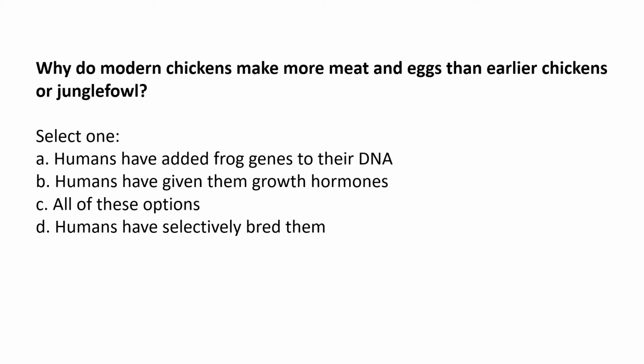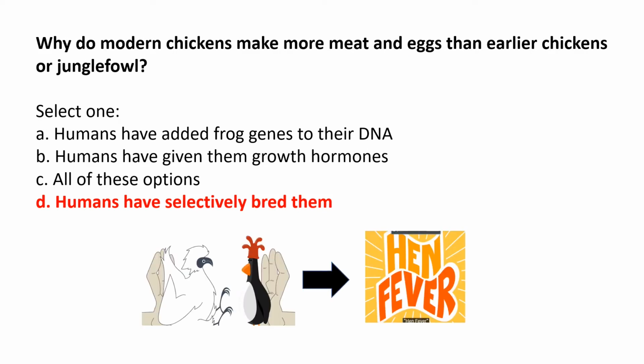Second question: why do smaller chickens make more meat and eggs than earlier chickens? And here you have all the options, and the answer is D. As we discussed in the video, selective breeding, artificial selection, has played a key role, although it's possible to add genes from any species, even for example from frogs, into the DNA of the chicken.